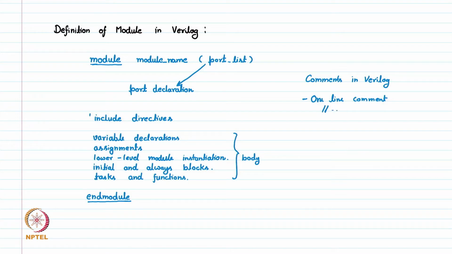So this will be a one line comment. Now you can write anything after this, and Verilog will not treat this as a part of the code. If we want to have more than one line as comment, for example, you want to write specification and some clarification about those specification, that time we can use block comments.